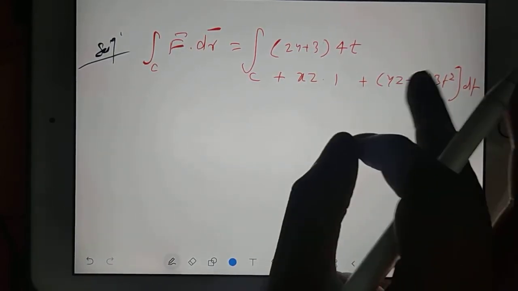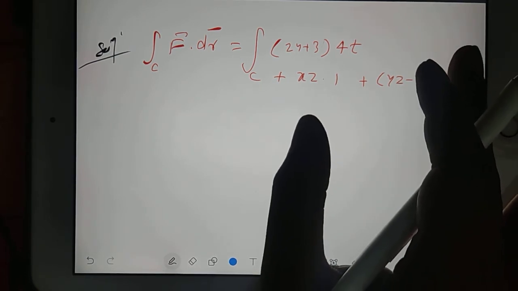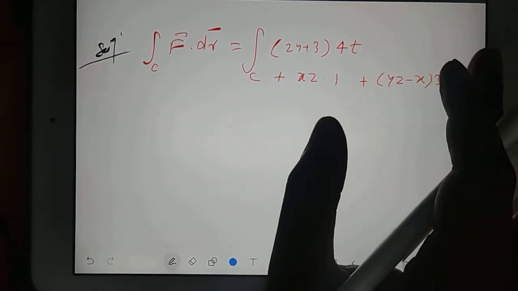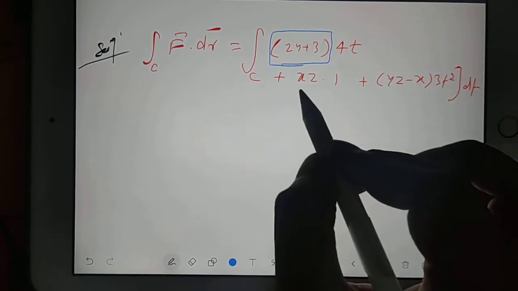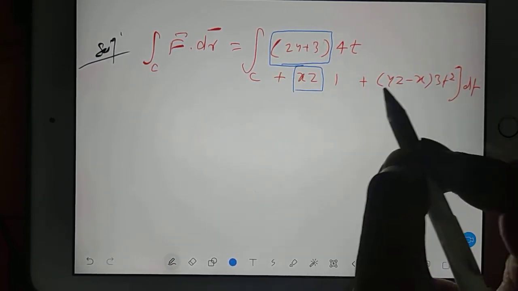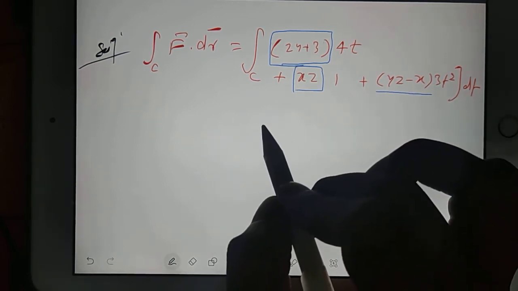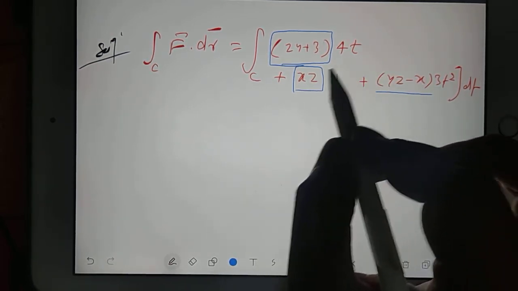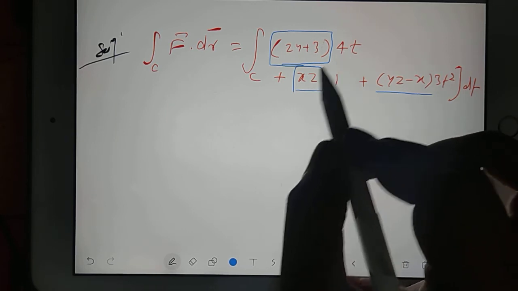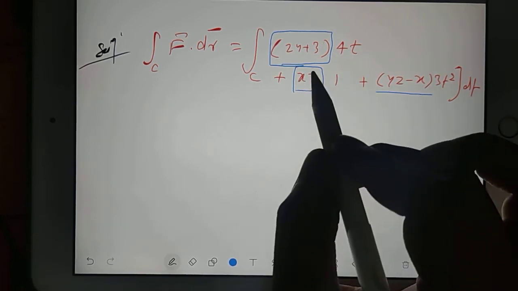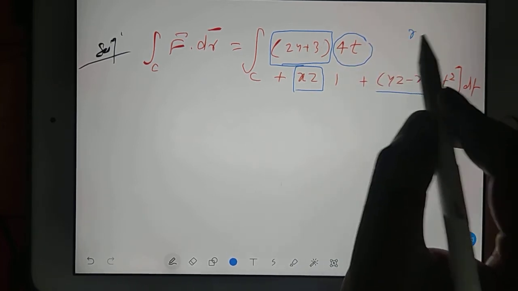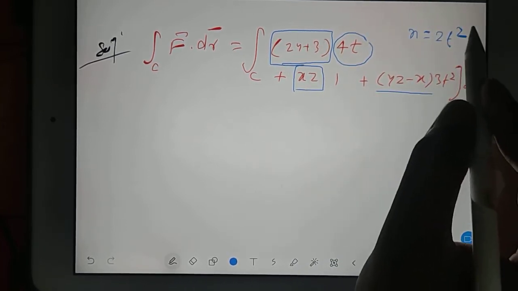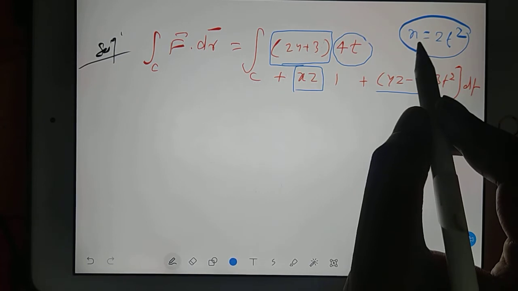Okay, this part is clear. How am I writing this? This is your f1 value, this is your f2 value, this is your f3 value. After that you have dx by dt, dy by dt, and dz by dt. The x value is given as 2t squared, so differentiate this and you get dx by dt.